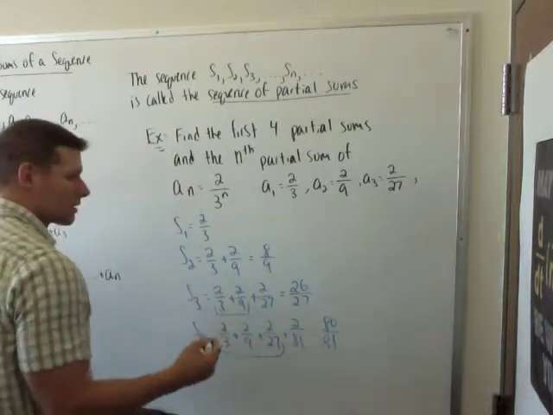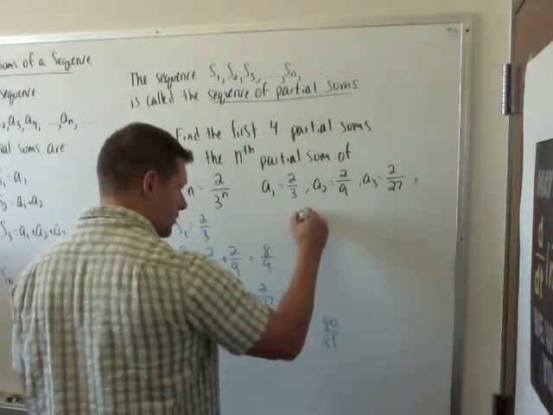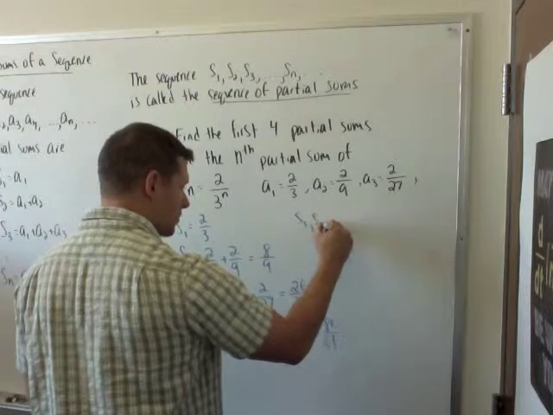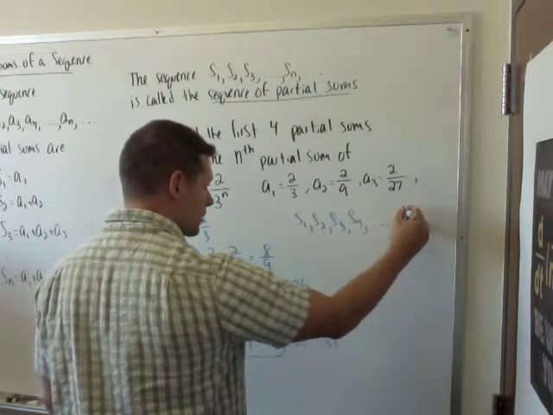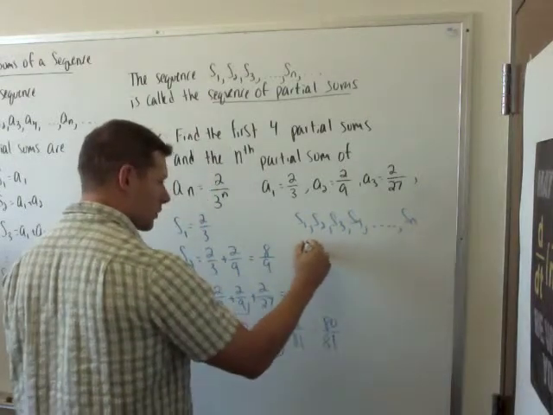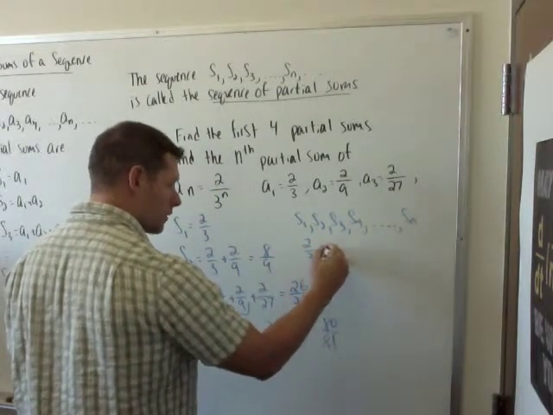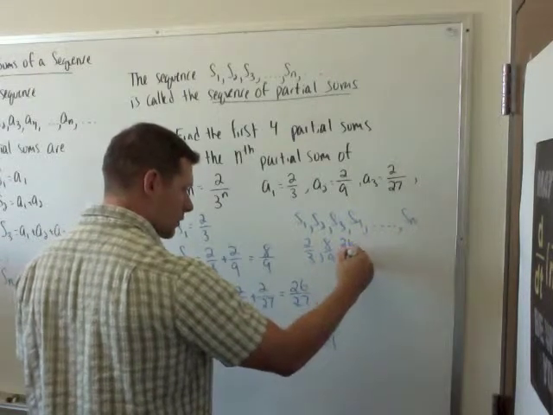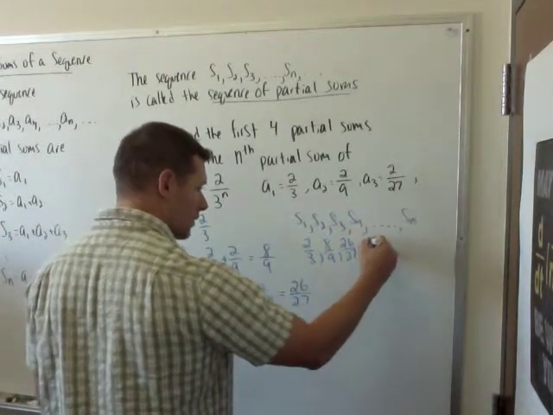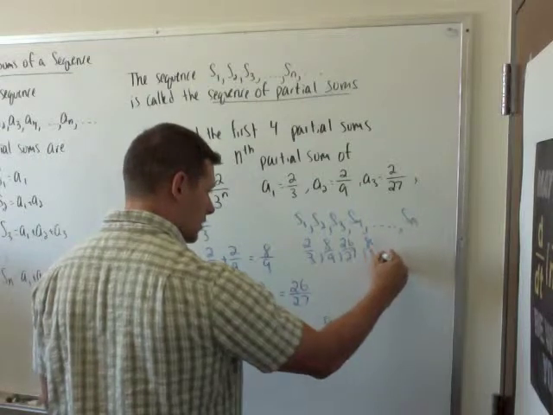So if I start looking at this as a sequence of partial sums, so if I have S1, S2, S3, S4, eventually I want Sn. The first one is 2/3. The second one is 8/9. The third one is 26/27. The next one is 80/81.